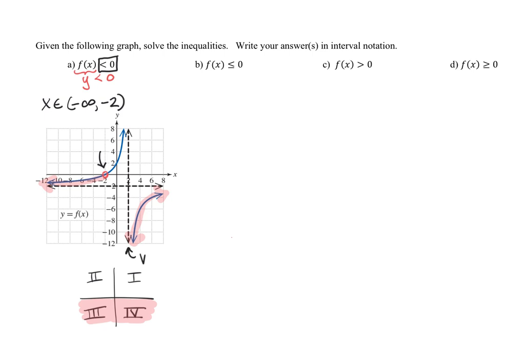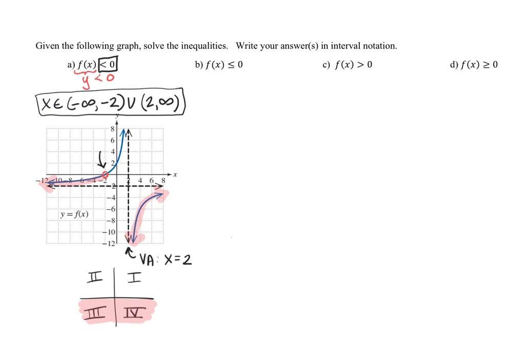Now that vertical asymptote, I'll write VA for vertical asymptote, has the equation of x equals 2. And remember that the graph cannot touch or intersect the vertical asymptote, which means that the x value will never actually equal 2. So we'll use a parenthesis on that because the x value cannot equal 2. And then that's from 2 to positive infinity. So there are 2 portions of this graph, 2 intervals, where the y values are less than 0.